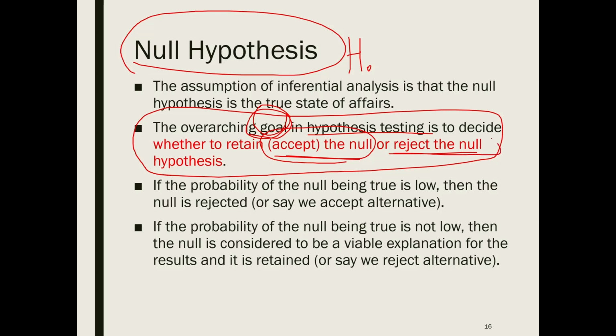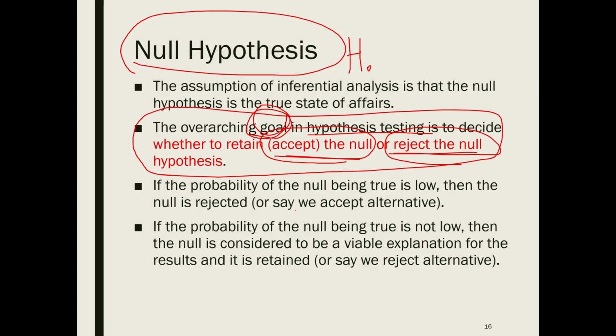If we reject the null hypothesis, that basically means we can accept the alternative hypothesis. But keep this in mind, we never test any alternative hypothesis in hypothesis testing. The only thing we test is the null hypothesis, and we only make decisions on whether we accept or reject the null hypothesis.